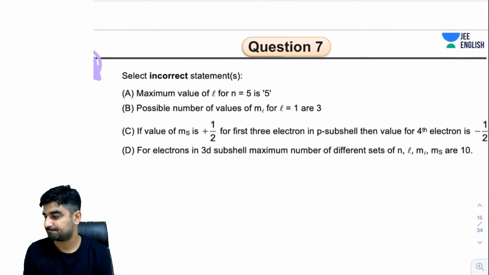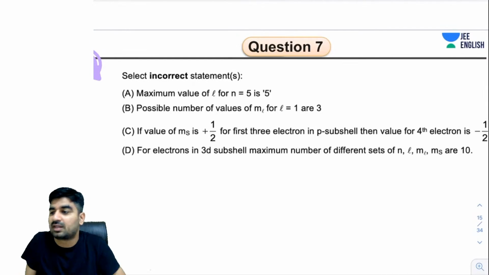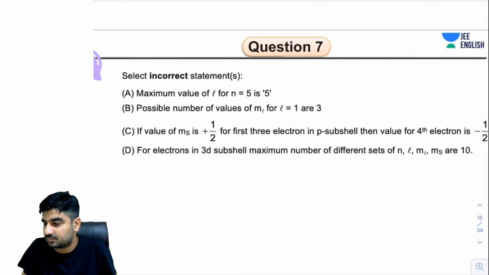Solve it. Yes, I'm waiting for your answers. Read it carefully. Lokesh and Sylvester, Ritvik, just look at the option.